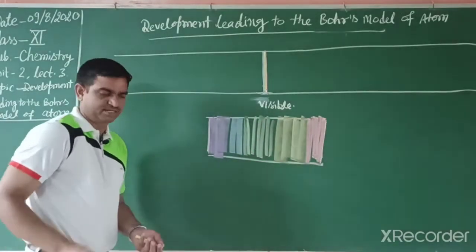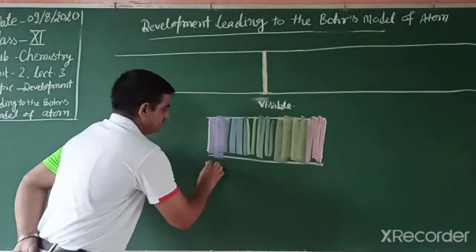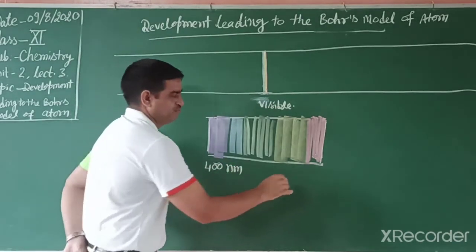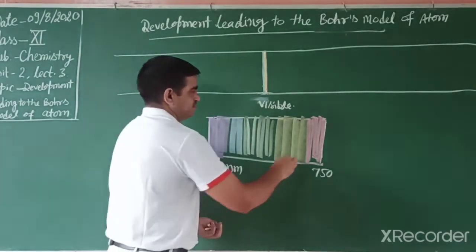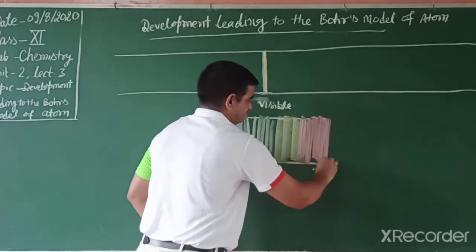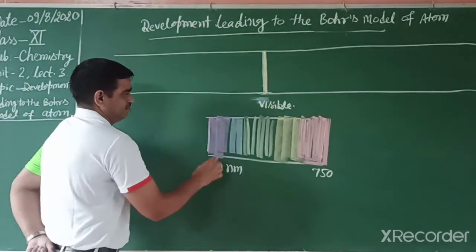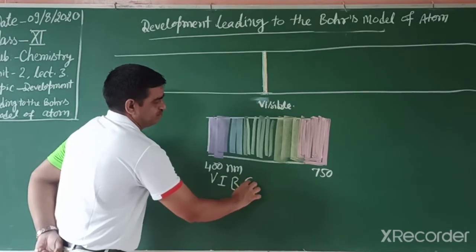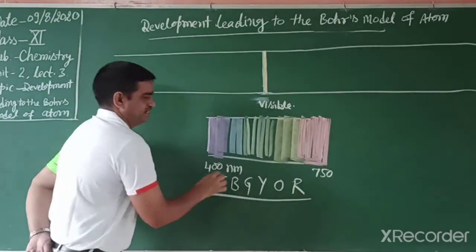So this is a spectrum, and where does this spectrum start, students? 400 nanometer to 750 nanometer. In this, the red area is more. If you divide the visible light into separate colors, then it is violet, indigo, blue, green, yellow, orange and red, which we already know.